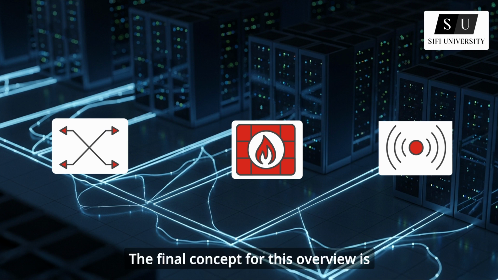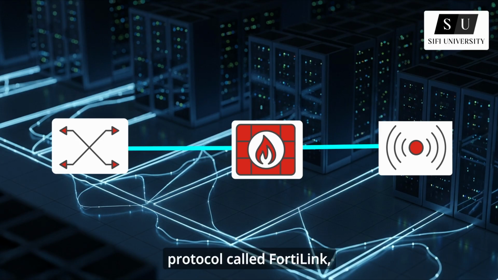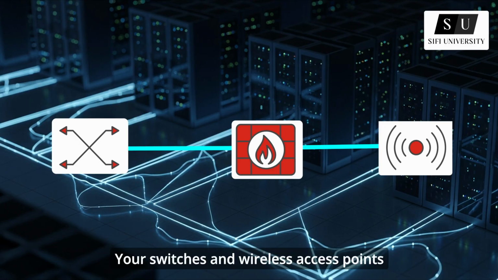The final concept for this overview is the security fabric of Fortinet. From an engineering perspective, this is the convergence of network and security. Using a proprietary protocol called FortiLink, the FortiGate extends its security policies down to the access layer. Your switches and wireless access points effectively become remote line cards for the firewall.